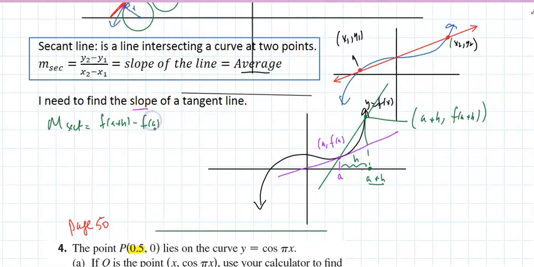And if you notice, what we're getting is the difference quotient. And you're going to say, but wait a minute, something's not right. That doesn't make sense at all. The green line is nowhere close to what we want.